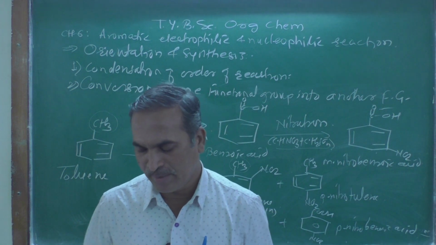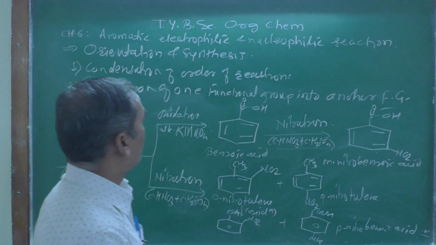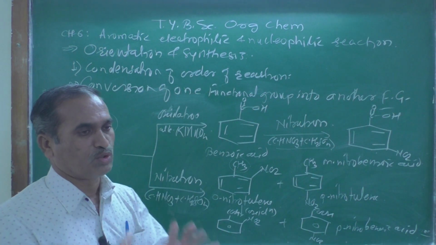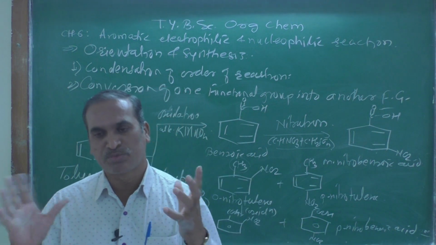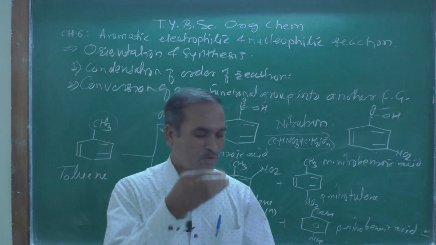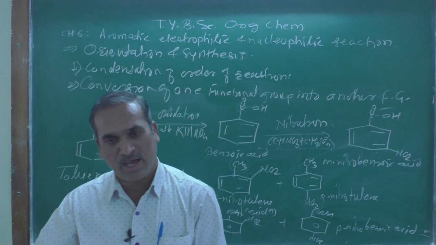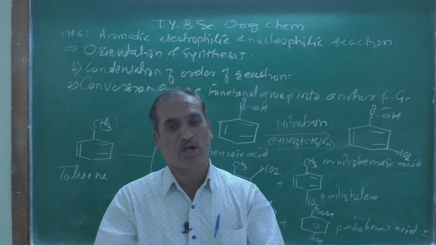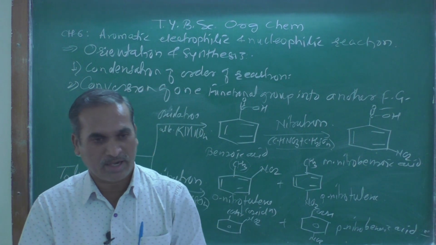So in this way, we have seen the orientation and the synthesis, by taking two suitable examples, because only two types of groups are present on the benzene ring. One is the electron donating group, which is an ortho-para director, and the second is the electron withdrawing group, which is a meta director.